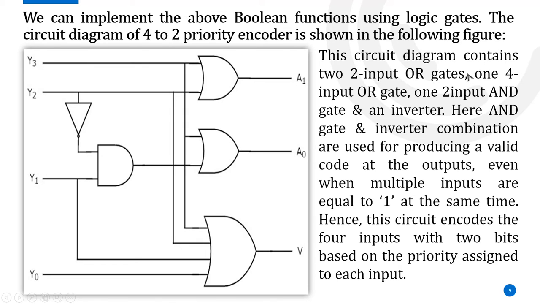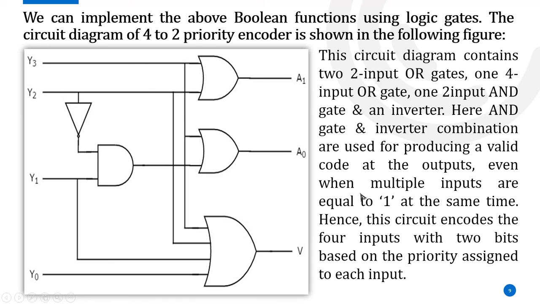The circuit diagram contains two input OR gates, one 4 input OR gate, two input AND gates and an inverter. So this is what comprises the circuit. Here the AND gate and inverter combination are used for producing a valid code.